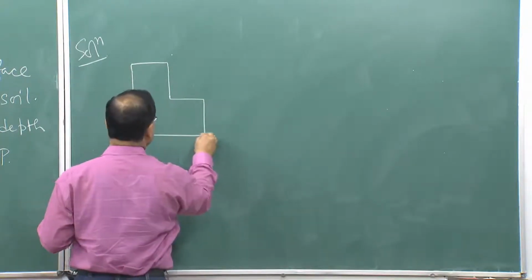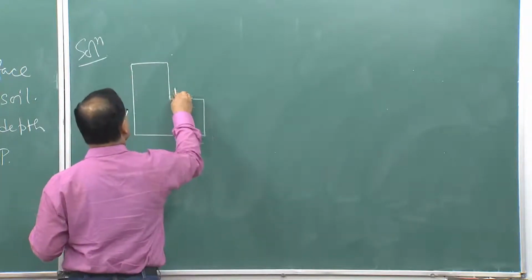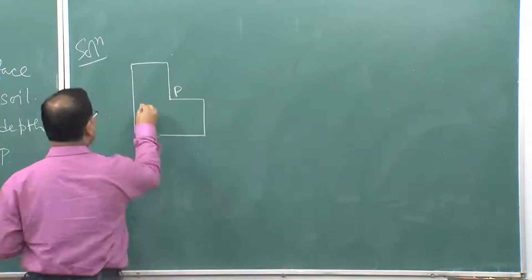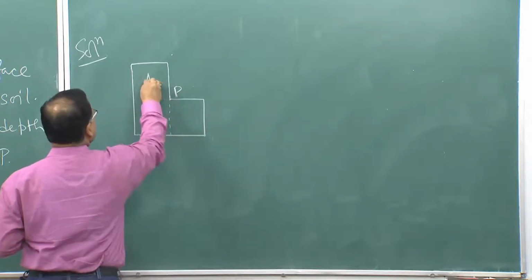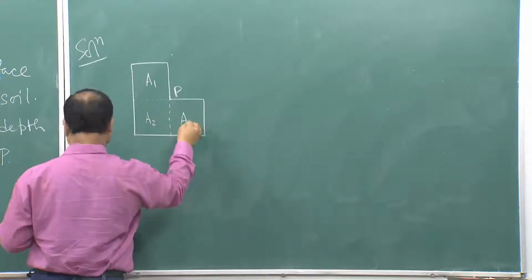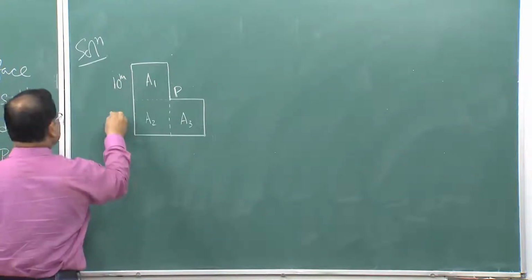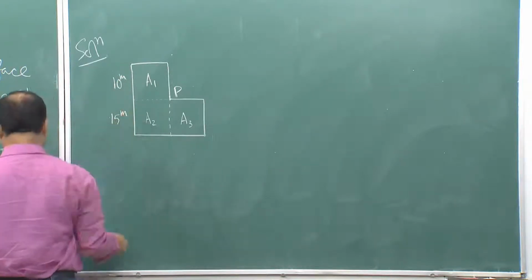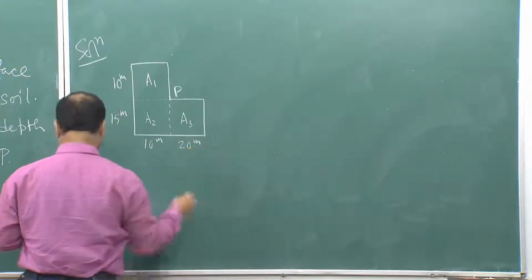So, let us discretize that area. This is the original area, this is the point P. So, we are making 3 different areas, this is A1, this is A2 and this is A3. So, this is your 10 meter, this is 15 meter, this is also 10 meter, this is 20 meter.